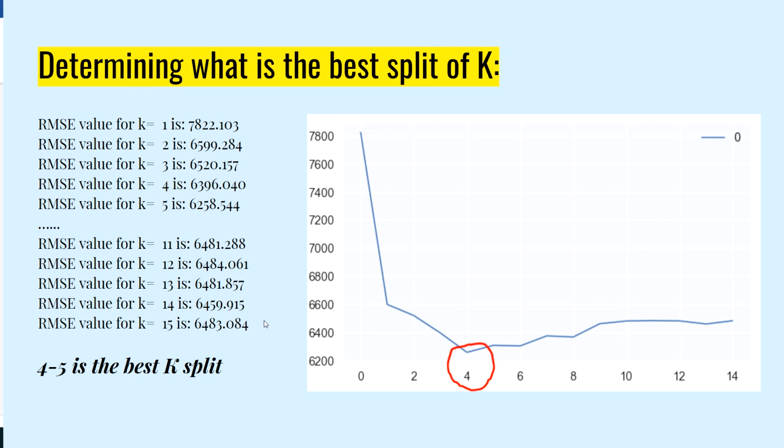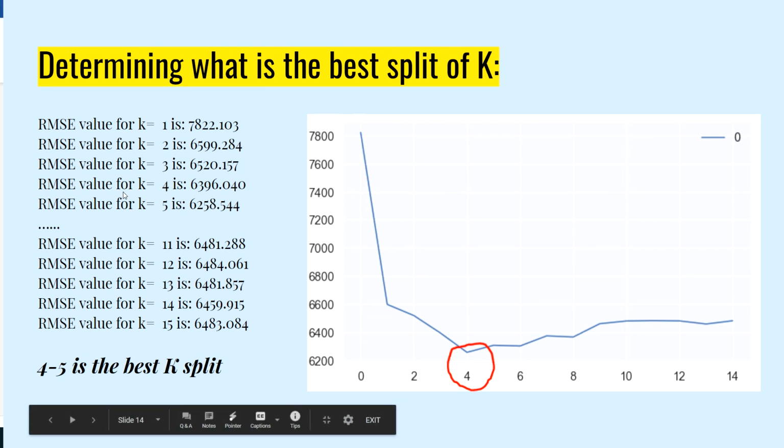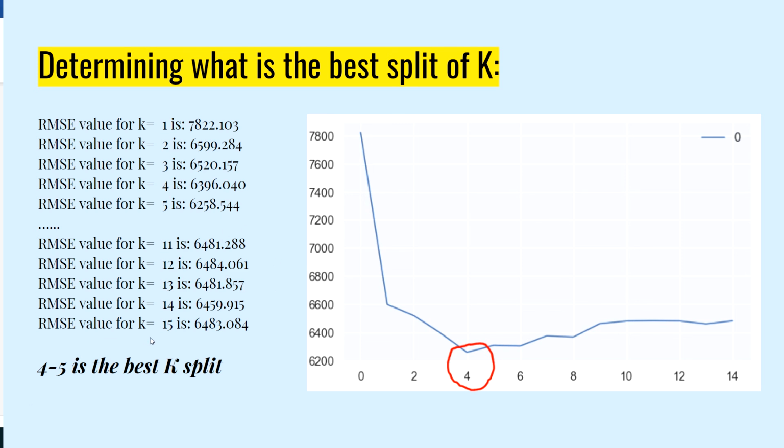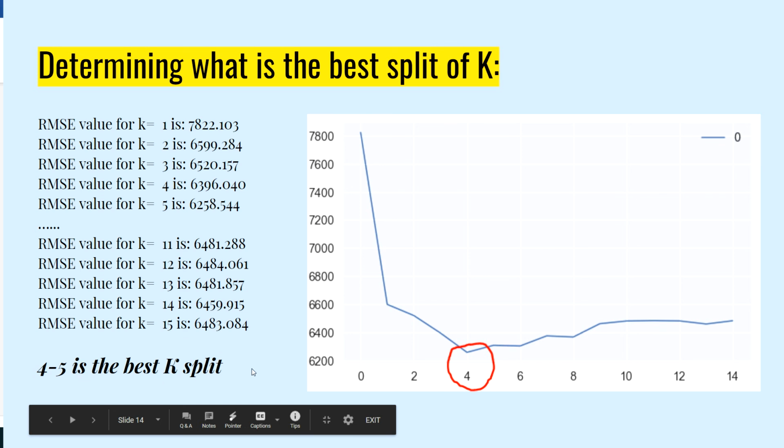The last machine learning algorithm I used was the k nearest neighbors. First of all, to determine the k-split, I used the elbow method to decide which was the best. Here's the outcome of the errors, and as we can see, the split of 4 and 5 has the lowest error and is kind of fast.